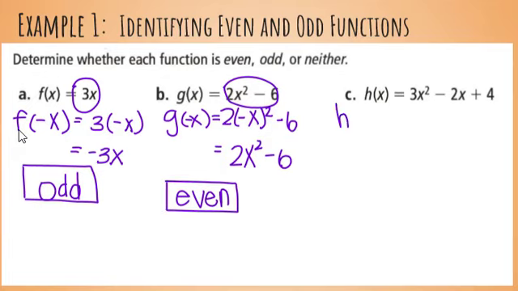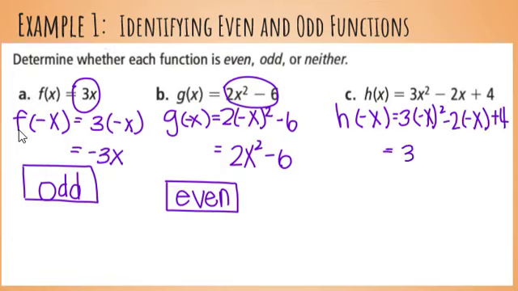And then our last one, again, we're plugging in negative x. So we have 3 times negative x squared minus 2 times negative x plus 4. Again, negative x squared becomes positive x squared, so we have 3x squared.